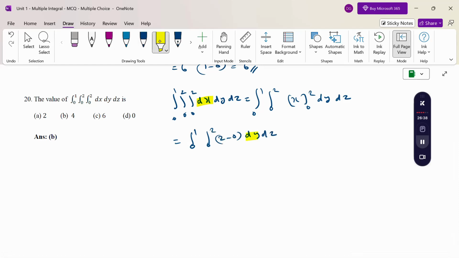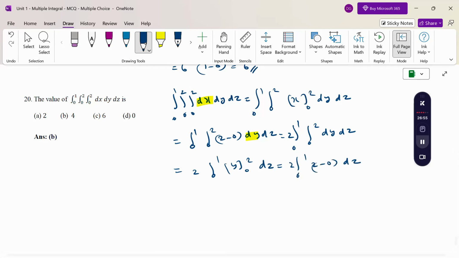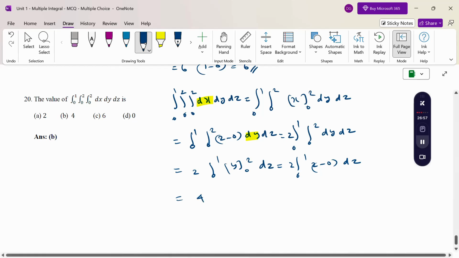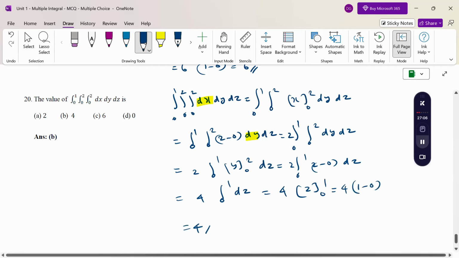Then next integration dy, taking 2 constant, y from 0 to 2, dz. Then 2 into 2 minus 0 dz, upper limit minus lower limit. Taking 2 common, 4 integral 0 to 1 dz, and z from 0 to 1. So 4 into 1 minus 0 is 4. So the answer is option B, 4.